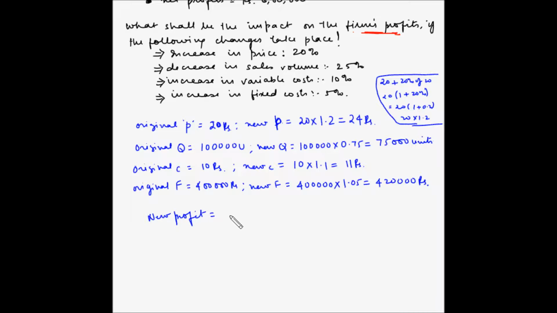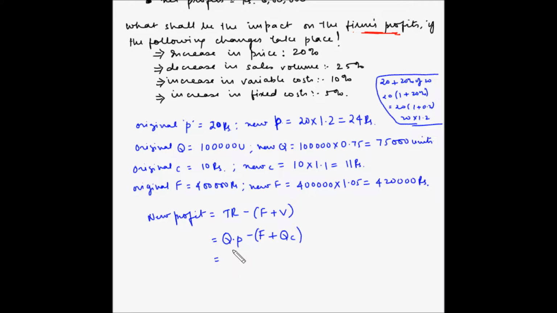which will be equal to the total revenue minus fixed cost plus variable cost. Now the total revenue is quantity multiplied by the sale price per unit. Fixed cost is fixed cost, and the variable cost is quantity multiplied by the unit cost.